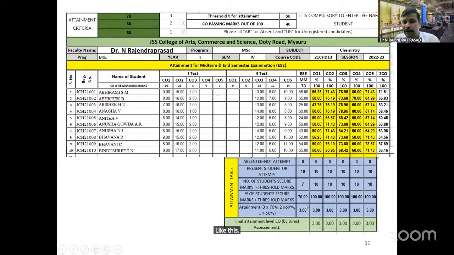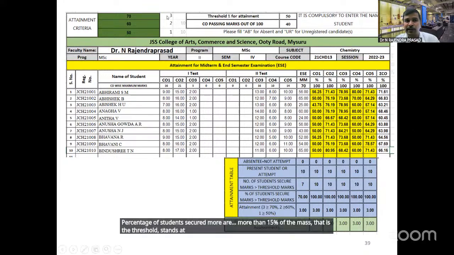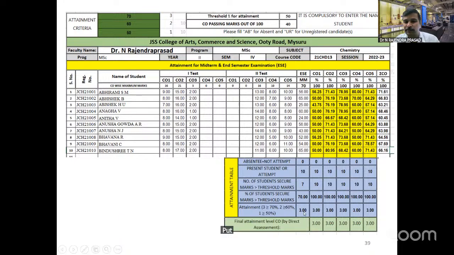Now you use the rubric. If that is 70 and above, the percentage of students who secured more than the threshold marks stands at 70, rubric is 3. Put that as 3. More than 70, rubric 3.